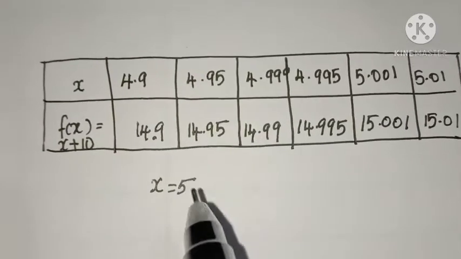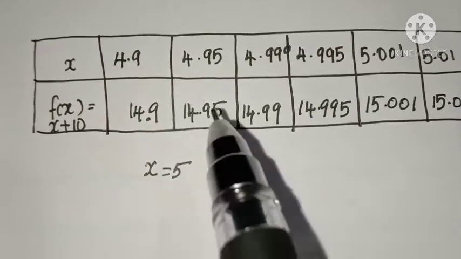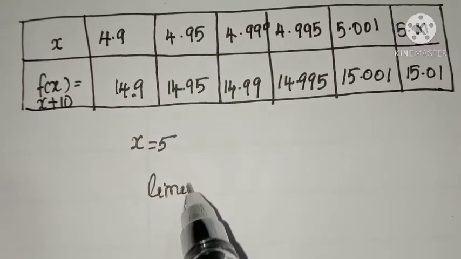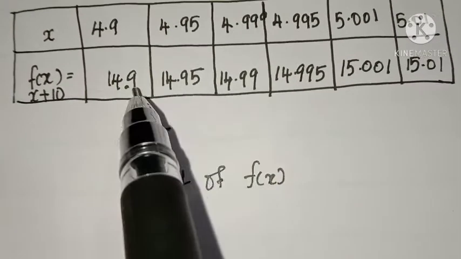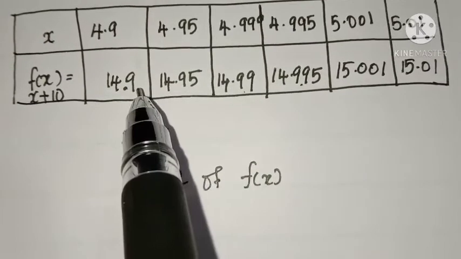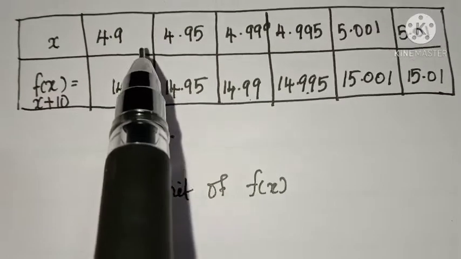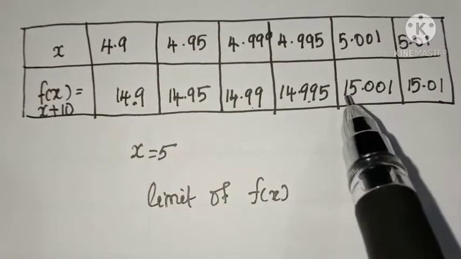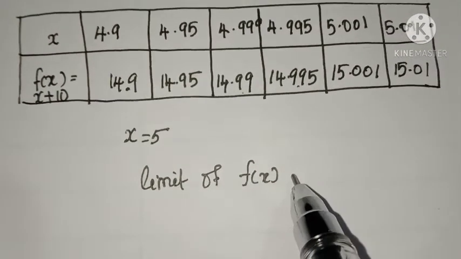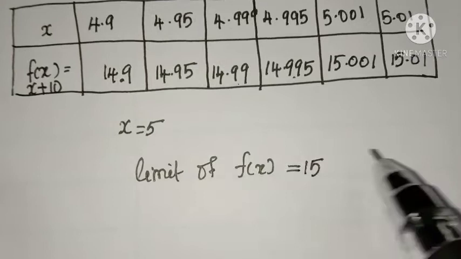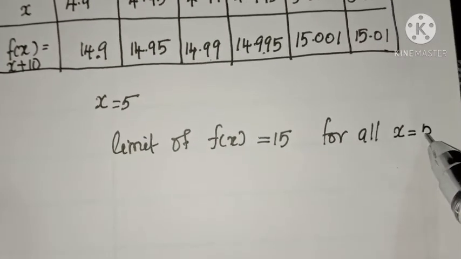So from this table we can conclude that the limit of the function f of x is very near to 15, isn't it? Very near to 15 when x is less than 5 or greater than 5. So limit of f of x is 15 for all values of x near to 5.